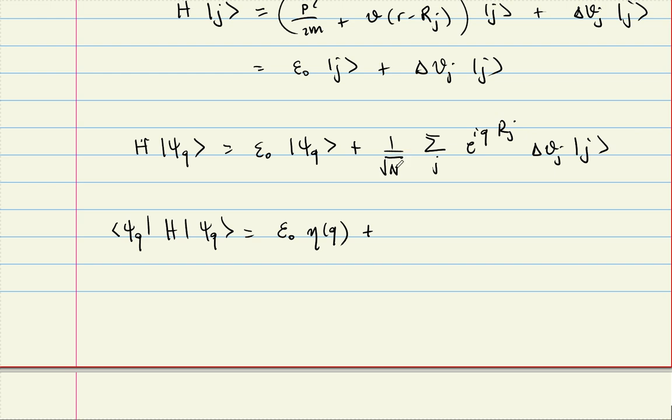Plus, there's a 1 over square root of N coming from here. Another one will come from here. This is going to be 1 over N. So this is sum over j prime j, e to the minus i q times (R j prime minus R j), times j prime delta V of J j.